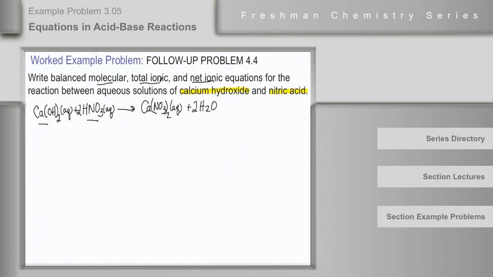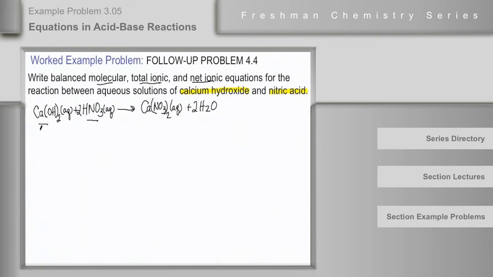The total ionic equation shows the ions as they will exist in solution when these electrolyte materials are dissolved. It shows all the ions that form.